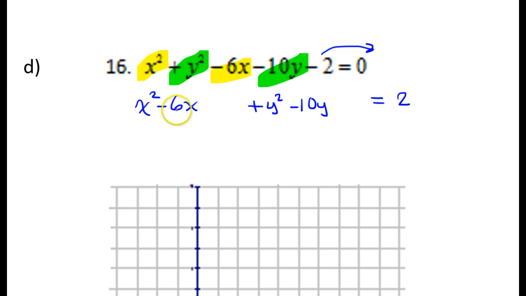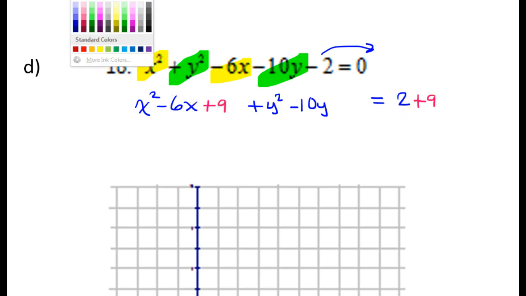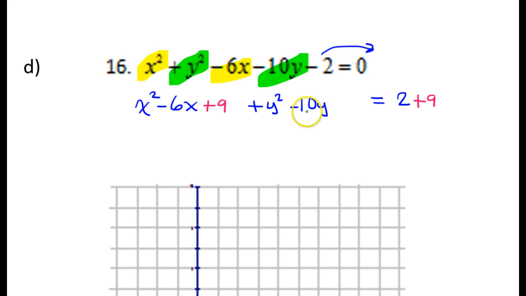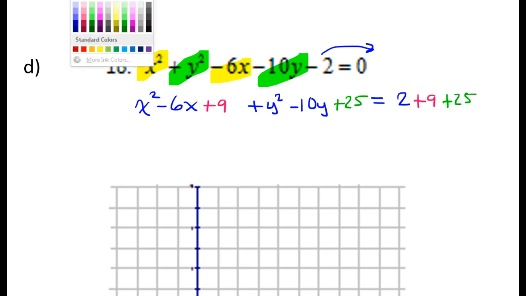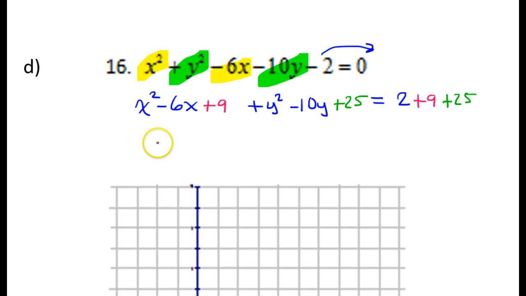Completing the square, we do half the middle squared. Half of this is 3. 3 squared is 9. So I add 9 to both sides. Half the middle squared. Half of this is -5. -5 squared is positive 25. So I add 25 to both sides. If I factor this, I'm going to get x minus 3 twice, so x minus 3 squared. If I factor this, I'm going to get y minus 5 squared.